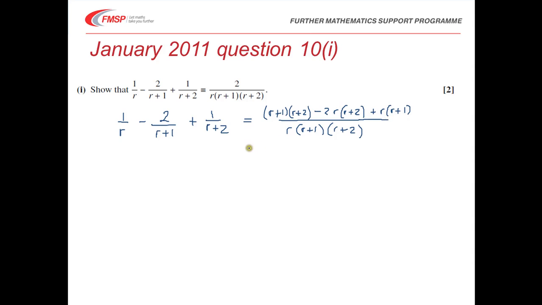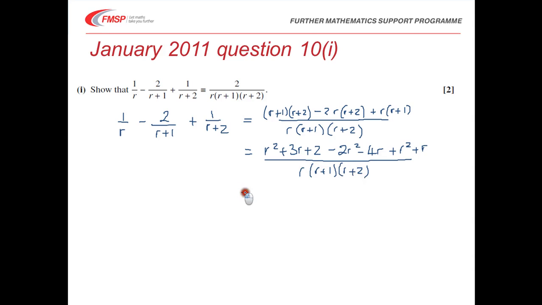So we need to simplify the numerator. So we have an r squared plus 3r plus 2. Then we have a minus 2r squared minus 4r plus r squared plus r. And that is all over the denominator of r(r+1)(r+2).